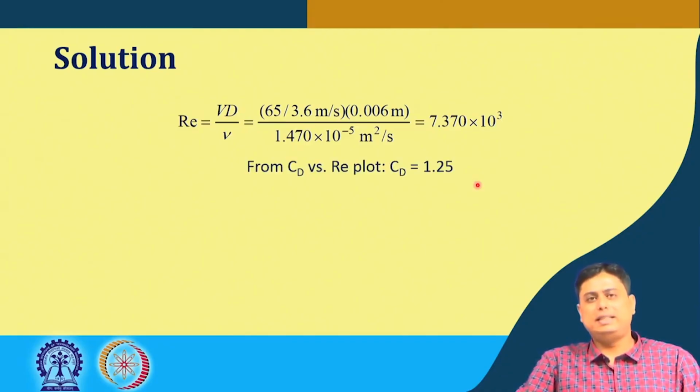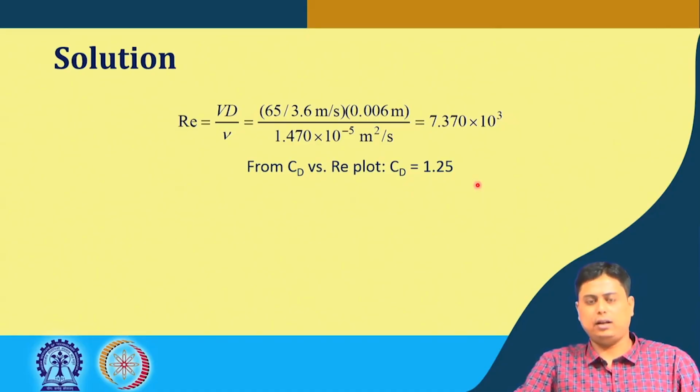Now, this is basically a cylindrical object. So, for flow across a cylindrical object, if we consult the CD versus RE plot, we find that CD for this particular Reynolds number is 1.25, and then the rest of the problem is very easy, because we have seen several such examples.